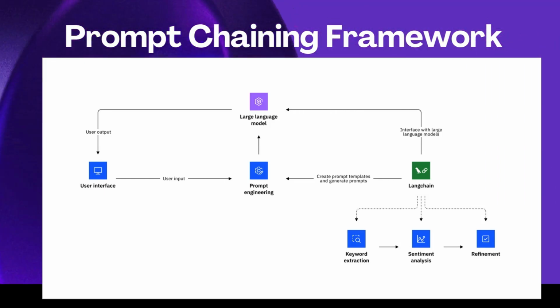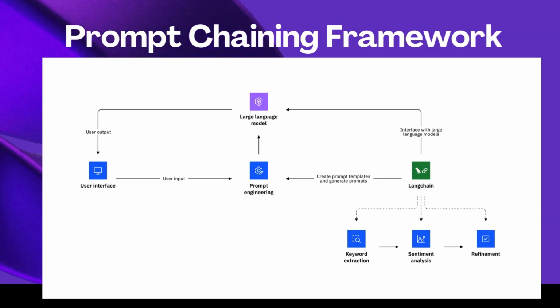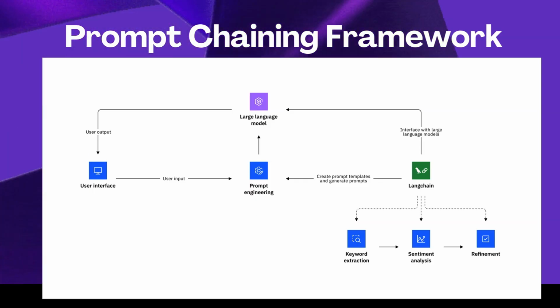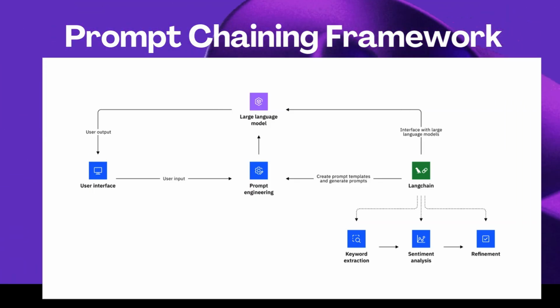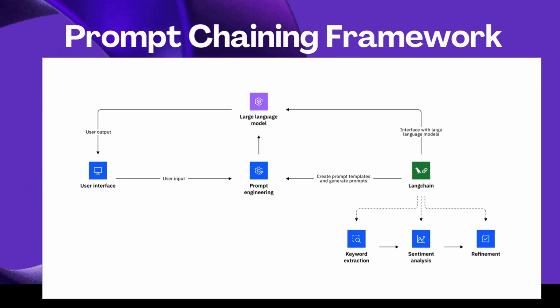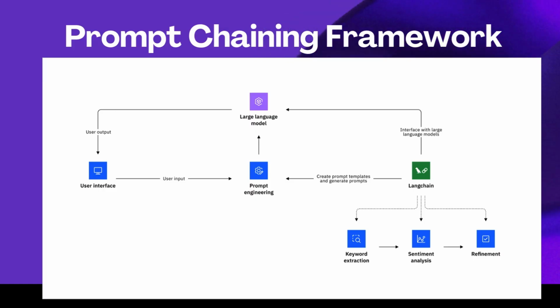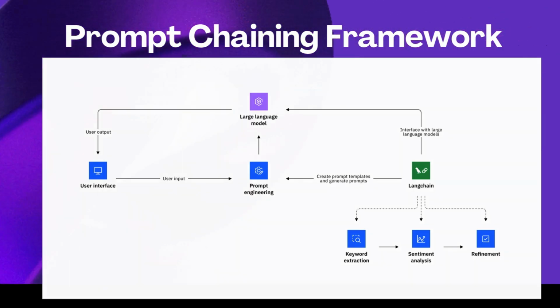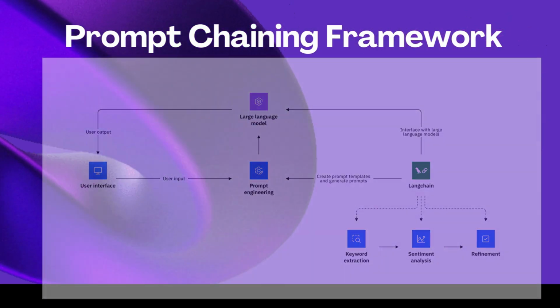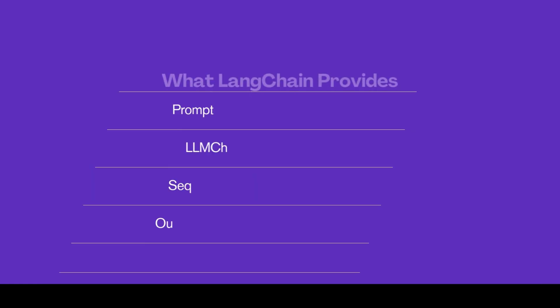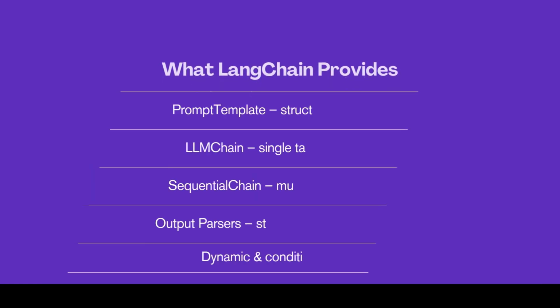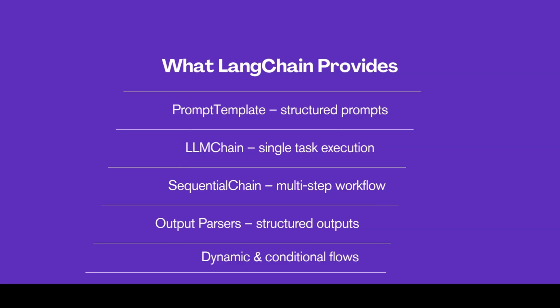How LangChain manages prompt chaining. LangChain provides a powerful framework for building modular workflows, especially for chatbot and GenAI applications. Here's how LangChain manages prompt chaining effectively. Prompt abstraction. LangChain uses prompt templates to design structured input and output workflows for each step.